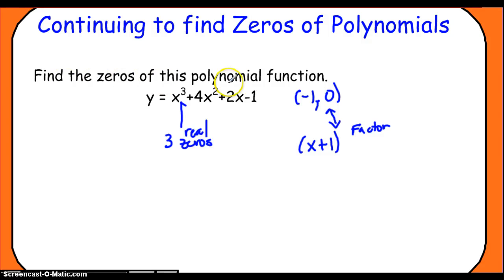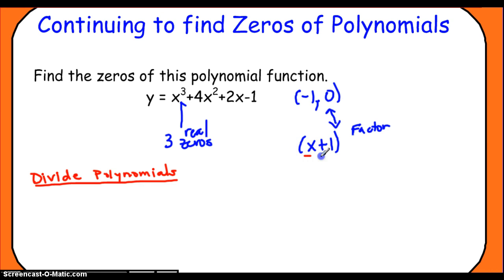So if we're going to find zeros of a polynomial function, what we're going to do now is learn how to divide. How do you divide polynomials? And really, it's just going to review our long division properties that we learned. I think you learned how to divide in 3rd or 4th grade.